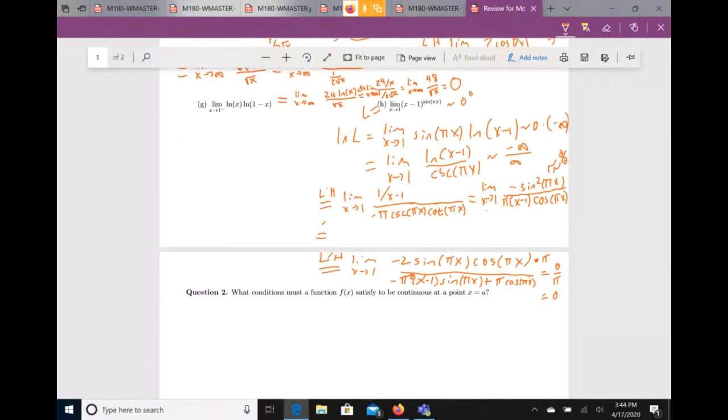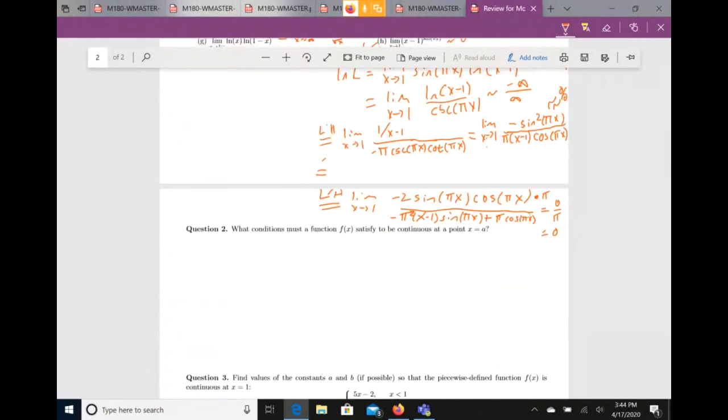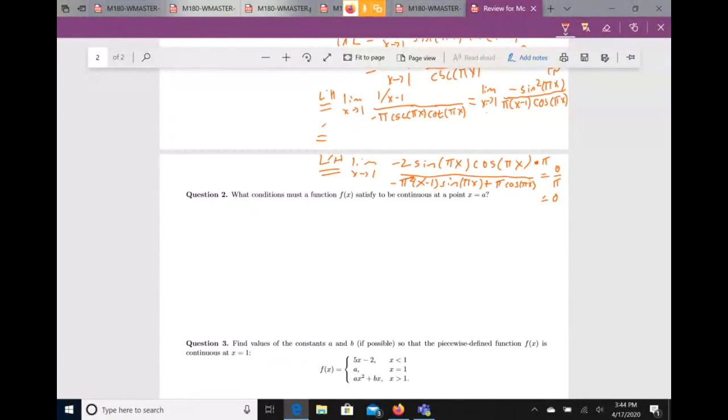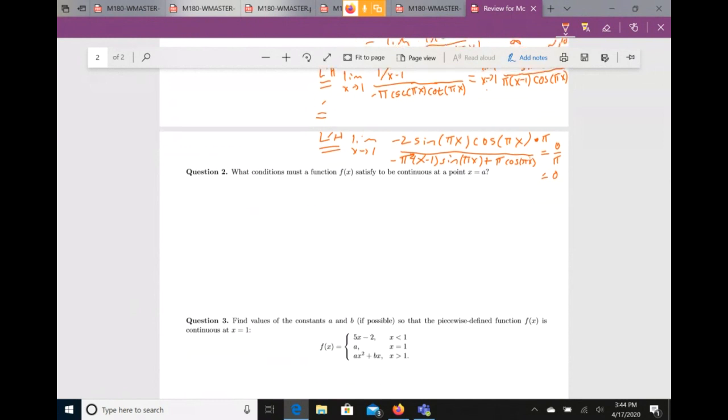Okay, I'll write this out a little cleaner in the solutions that I post, but we gotta move on to this stuff. So we got 0 over pi, so 0 over any finite value is just 0.